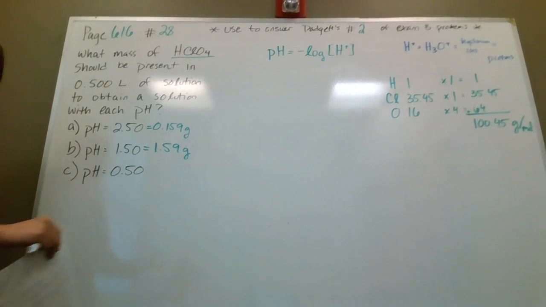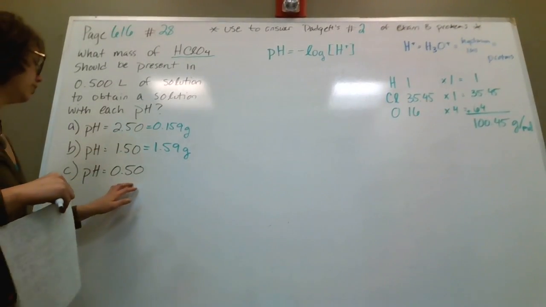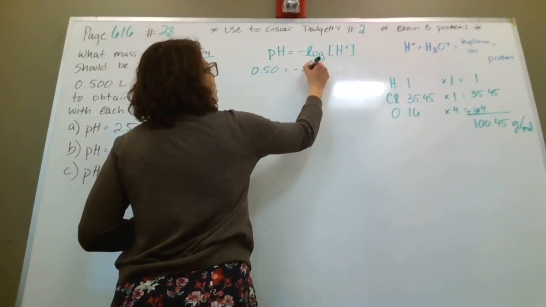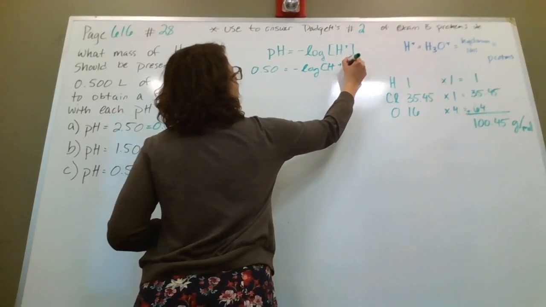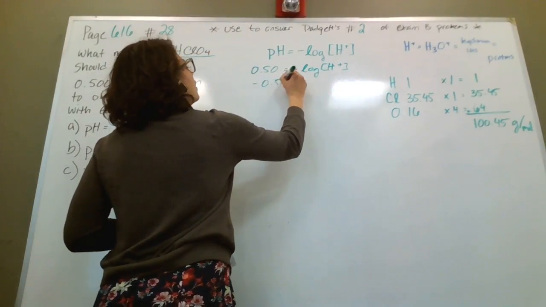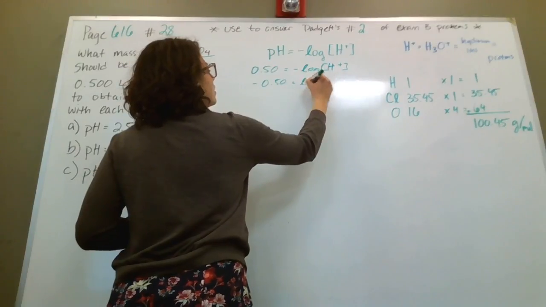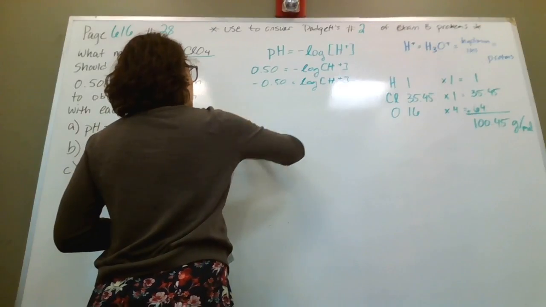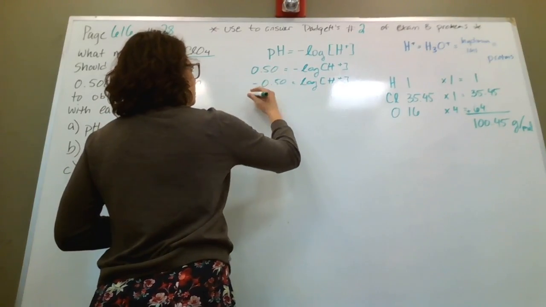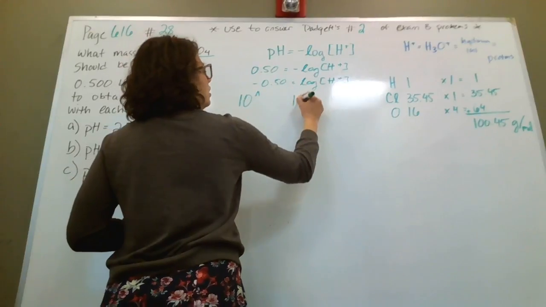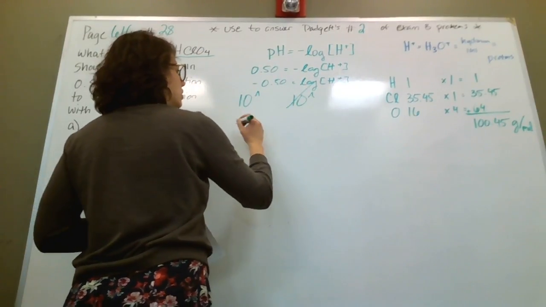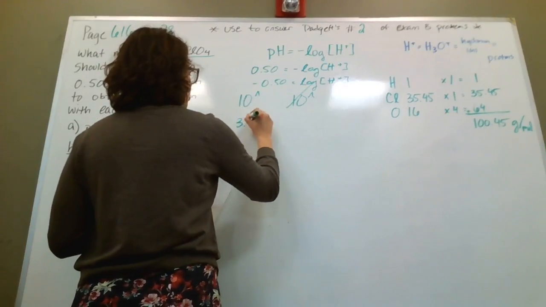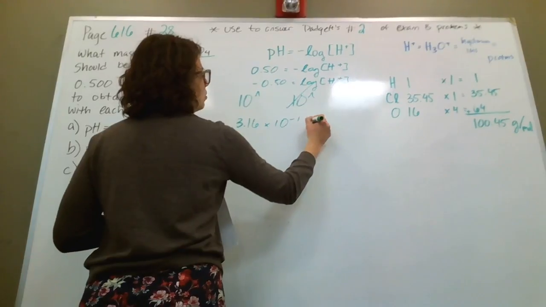C is a pH of 0.50. So 0.50 equals negative log of H plus concentration. We'll rewrite that so I don't have a negative log, and then I'll put this to the power of 10. So that cancels out, and so my H plus concentration will be 3.16 times 10 to the negative 1.